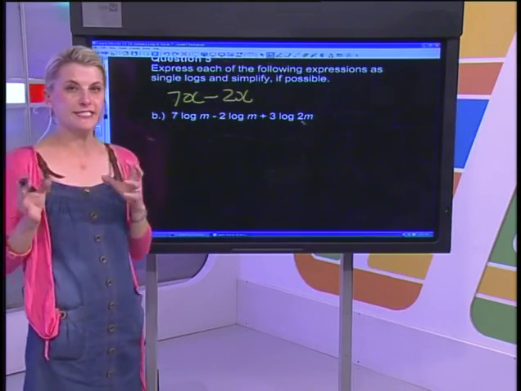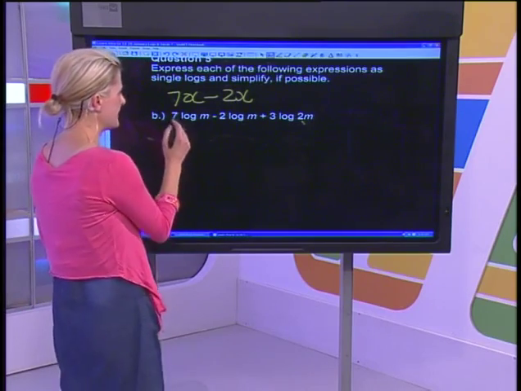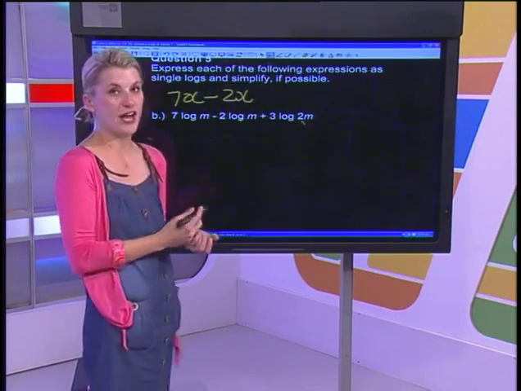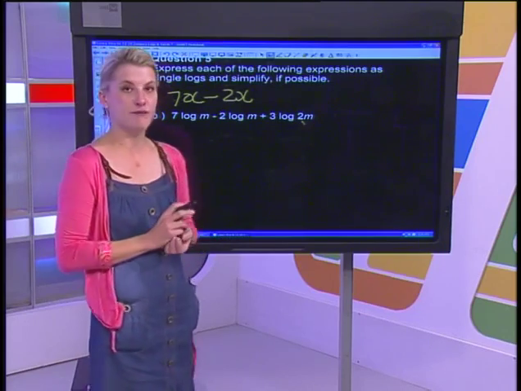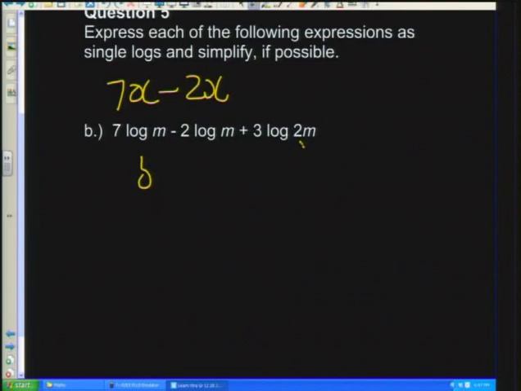So I can immediately simplify my situation quite drastically here by saying 7x minus 2x is 5x. So 7 log m's minus 2 log m's will be 5 log m's. So I've got 5 log m plus 3 log 2m.